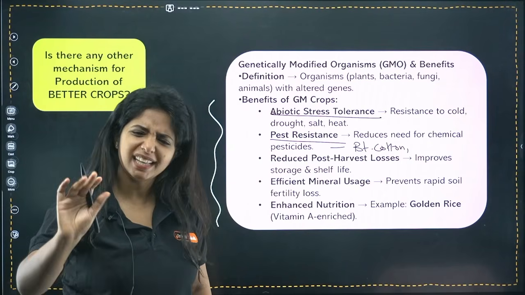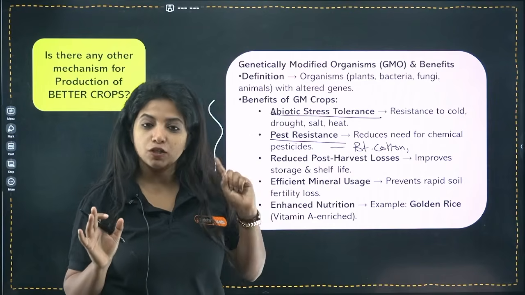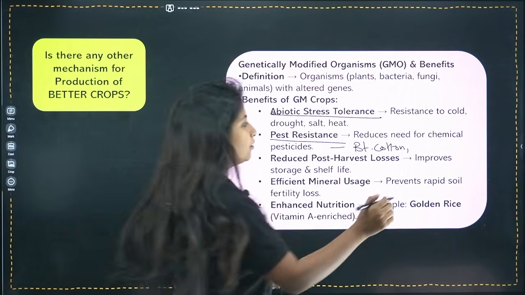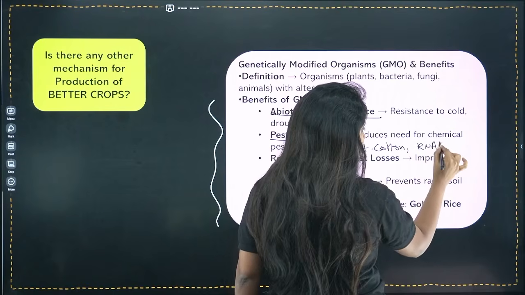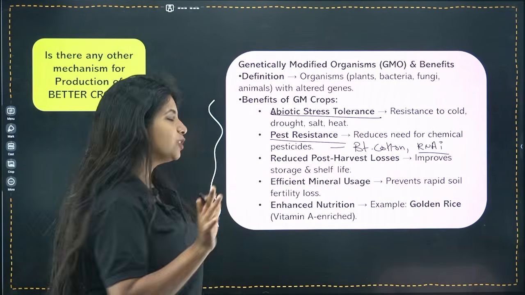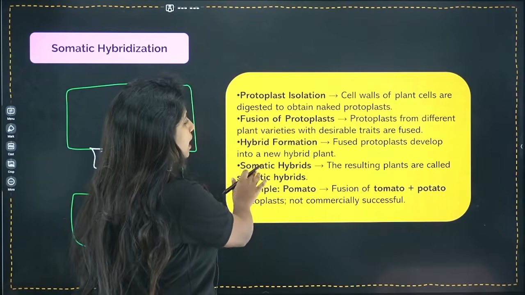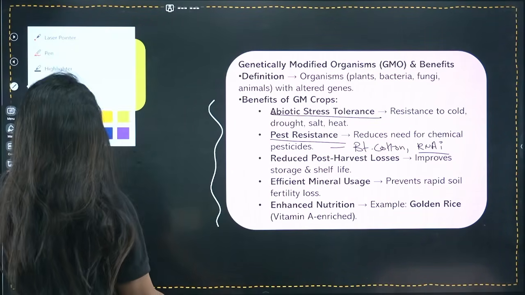Do not be worried, it's simple. Both of them provide pest resistance. So Bt cotton and RNA interference, which you also call RNAi. Got it? Yes. So anyway, the end result, what do you get? You get basically the pest resistant plant. So that is the next feature that is offered by genetically modified plants.